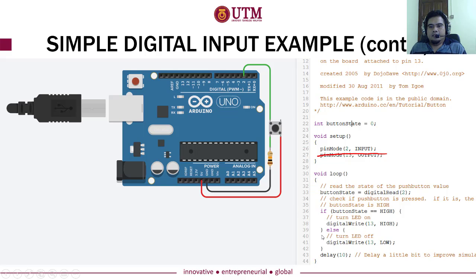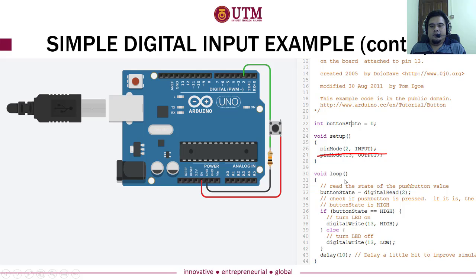Then in the loop function over here, you can use this function, digitalRead 2, where 2 refers to port number 2, meaning this function will read pin number 2 and store the resulting value in this variable called buttonState. In general, buttonState will only have 2 values. It can be 1 or 0.